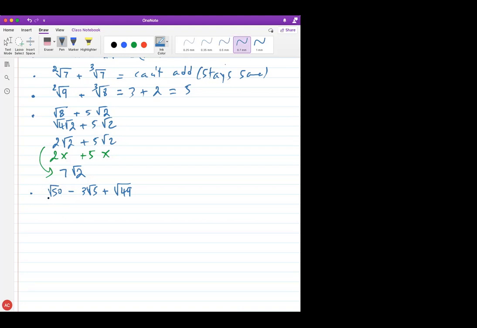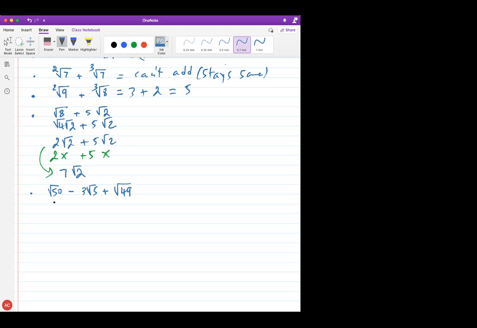How can we simplify this one? First one here, radical 50. We don't know the radical of 50, but we can turn 50 into two numbers, where one of those numbers has a perfect radical. What numbers multiply to 50? 5 and 10. 5 and 10 will not help because we don't know the radical of 10.